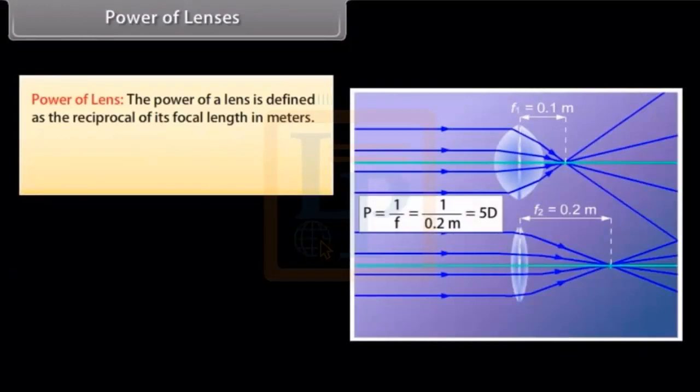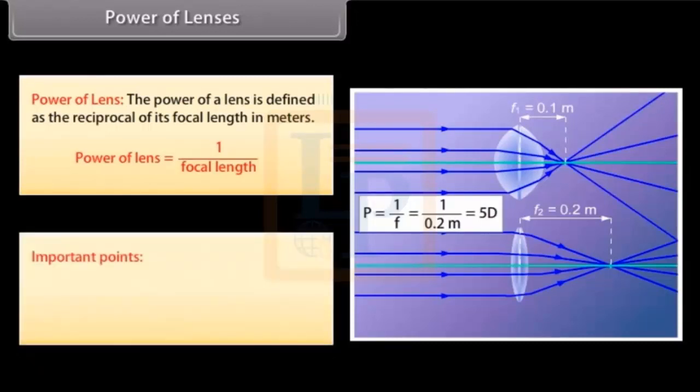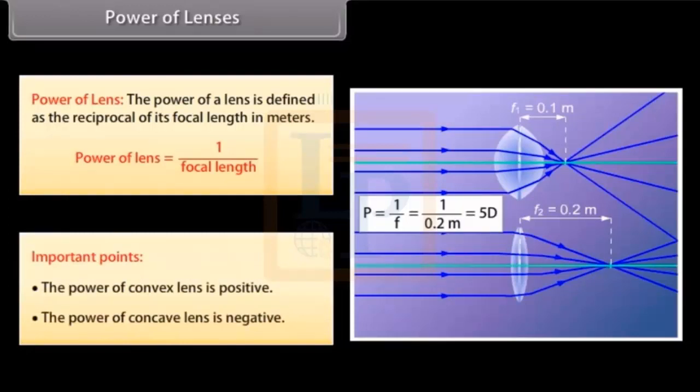The power of a lens is defined as the reciprocal of its focal length in meters. P = 1/f. Important points: the power of a convex lens is positive. The power of a concave lens is negative.